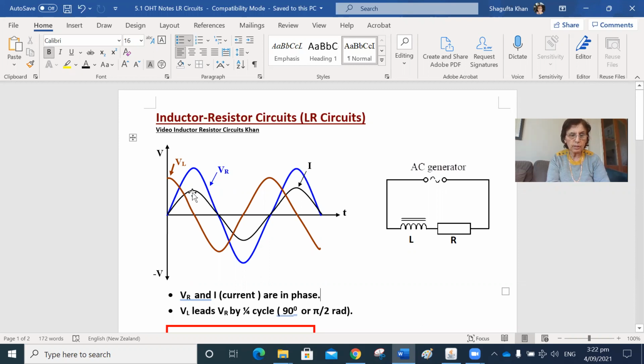So here at this particular instant, the gradient of the graph is almost flat. Therefore, voltage across the inductor is zero. Whereas somewhere over here, the gradient of the current time graph is maximum. So at this position, voltage across the inductor is maximum because the rate of change of current is maximum.